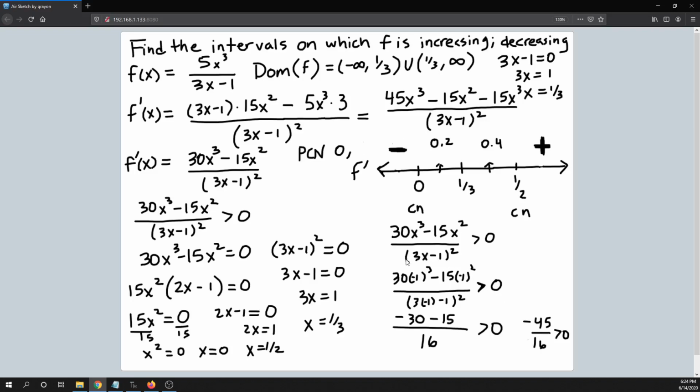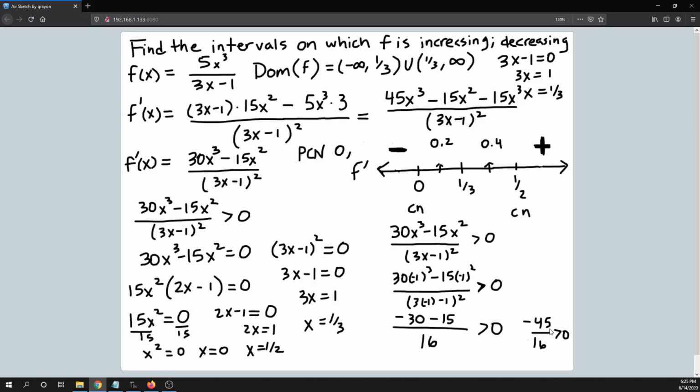And so if you look at the bottom, 3x minus 1 quantity squared, because you're squaring that, if I take any number other than a third and plug it in here, I will get a positive number. So I know no matter what that the bottom number is going to be positive. So I really don't care exactly what the number is. All I care about is whether it comes out to be a positive or negative.